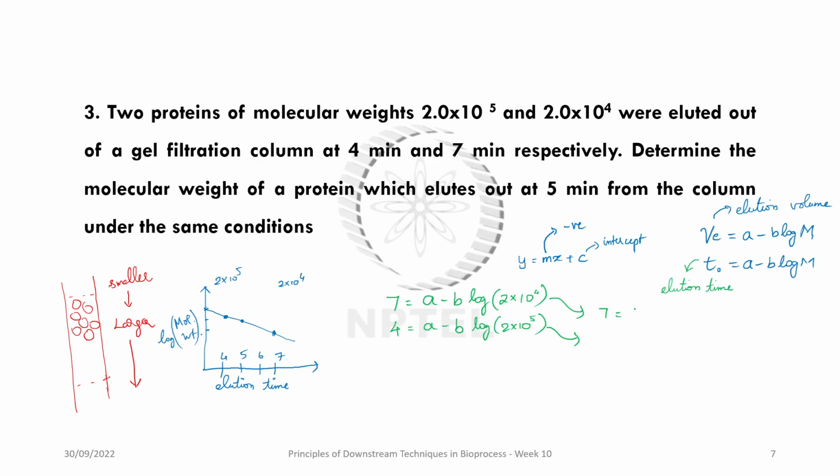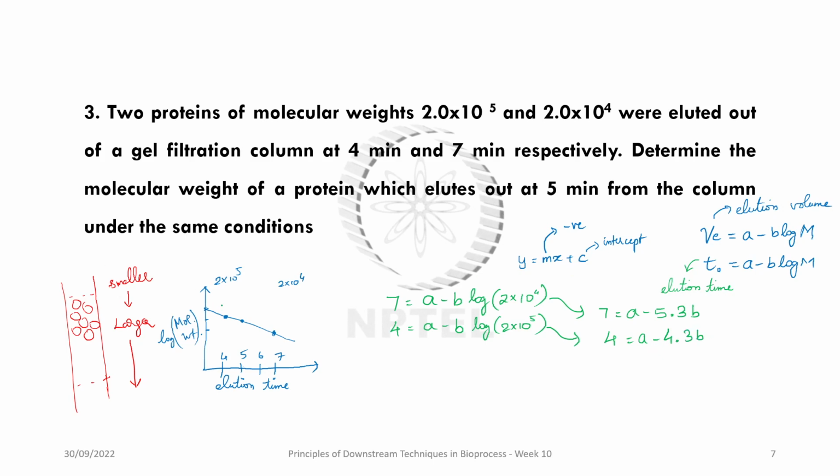Can you solve it with me now? A minus b into, let's just find out what log of 2 lakh is, right? 5.3. A minus 5.3 into b, and 4 is equal to a minus log of 20,000, which is 4.3, 4.3 into b.